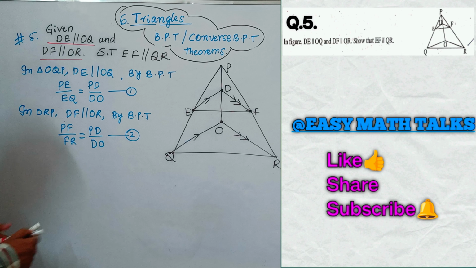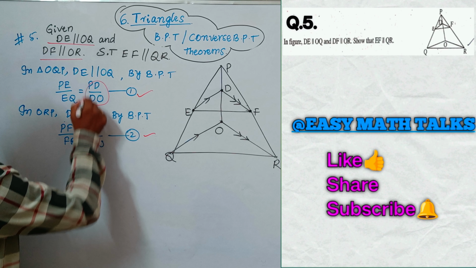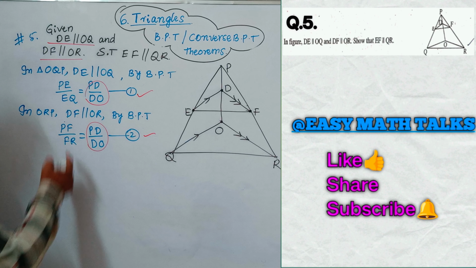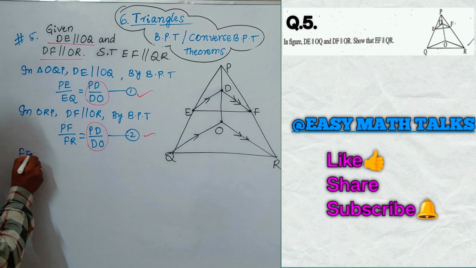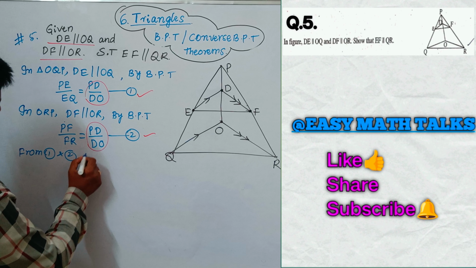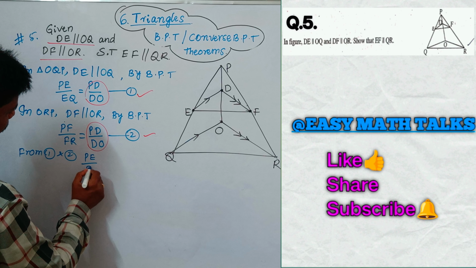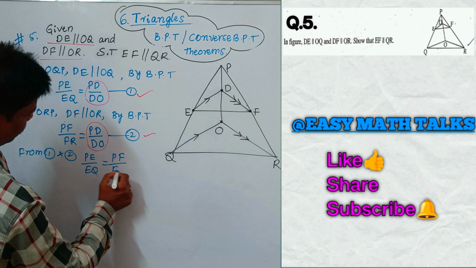Then we conclude from equations 1 and 2. PD by DO is common, so these two are automatically equal. So from 1 and 2, PE by EQ is equal to PF by FR.